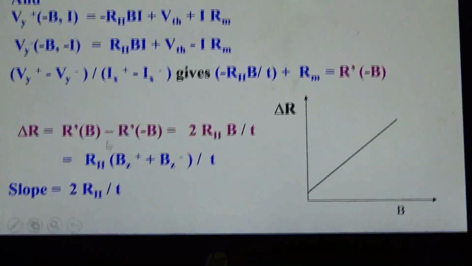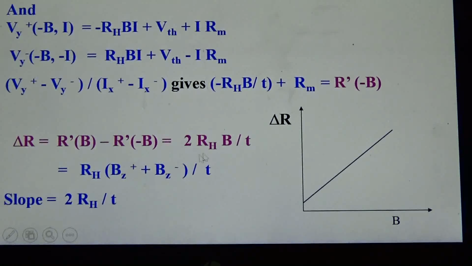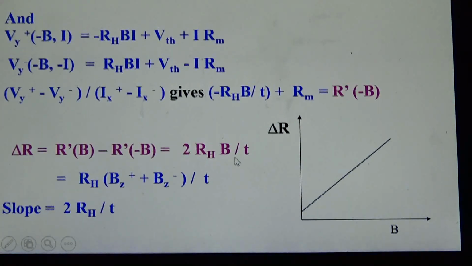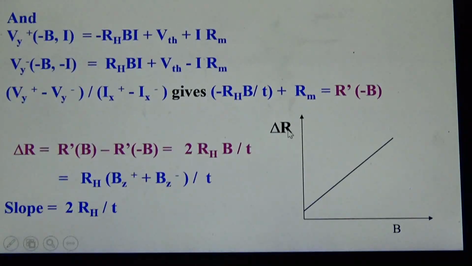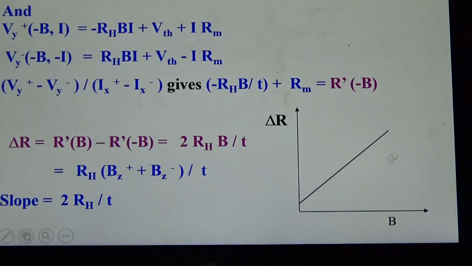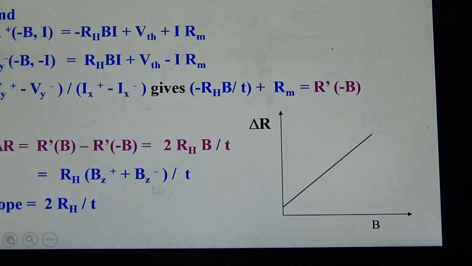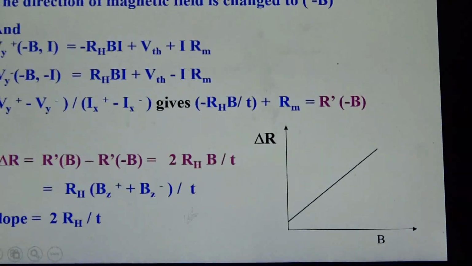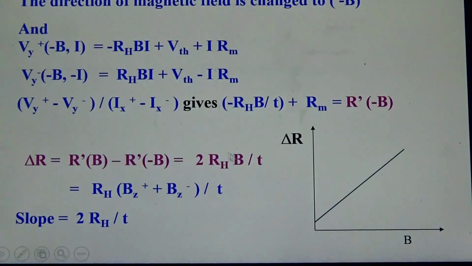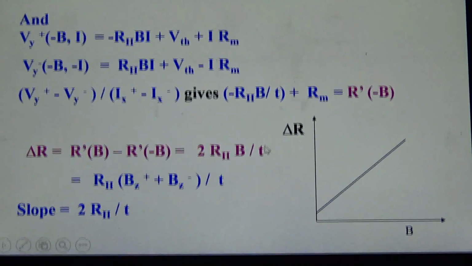If I term this difference delta R, it gives me 2RHB by T. If I plot delta R versus B, it will be a straight line, and the slope is 2RH by T.